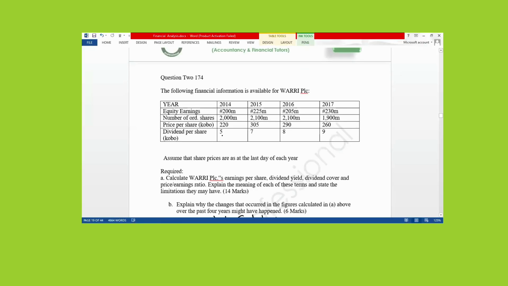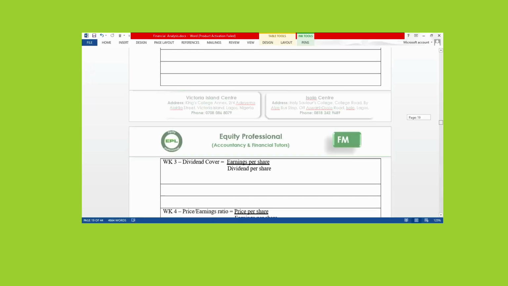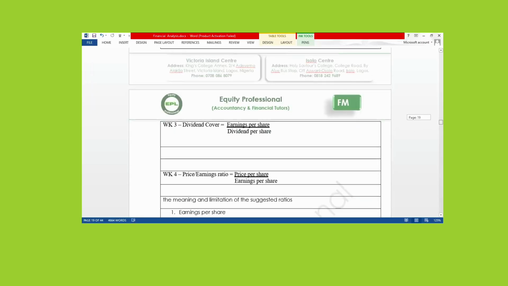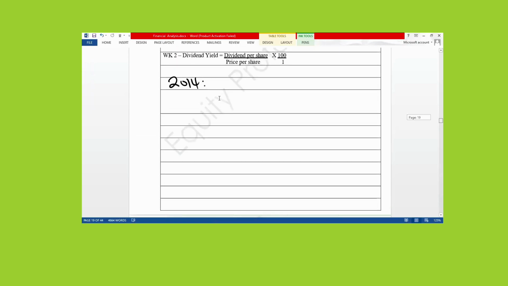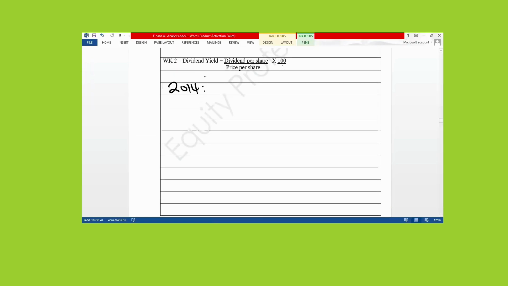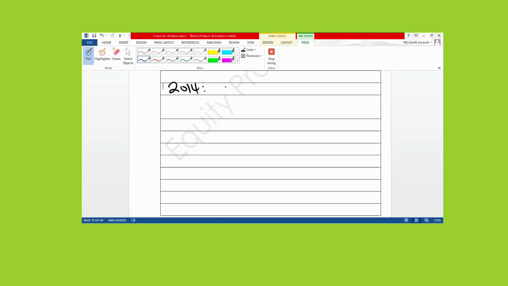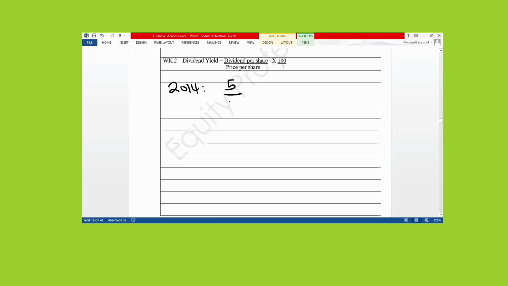Dividend in 2014, 5 kobo. Share price in 2014, 220 kobo. Please divide. 5 divided by 220 multiplied by 100. 2.3%.